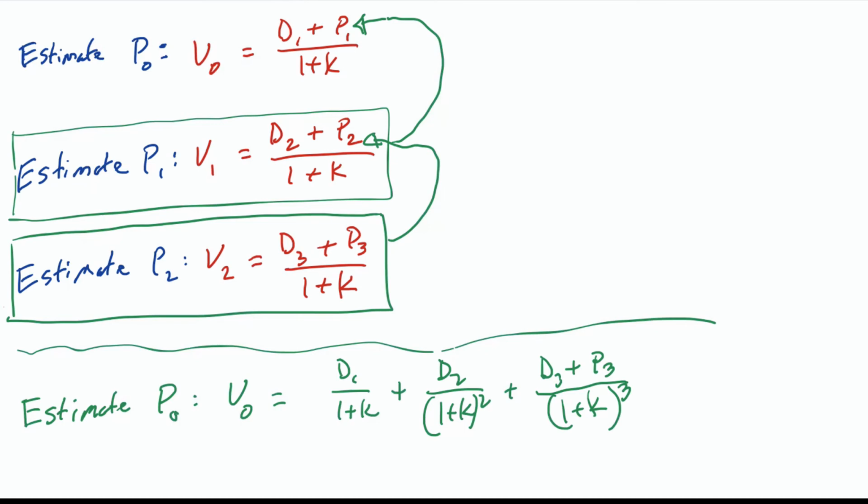So the implication here is that this formula and this formula are equivalent. And so why does that matter? Why is that useful to us? Well, it's useful because now we realize that we can do stock valuation without knowing a specific holding period. So let's say you're a 1-period investor.